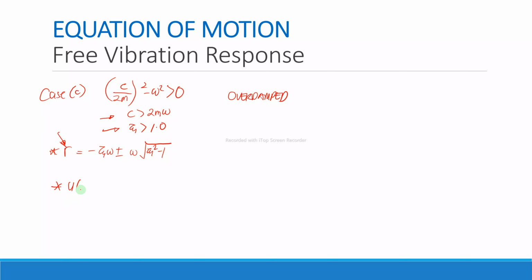If we substitute that into our general solution, we have g1 e to the r1 t, where r1 denotes root 1, plus g2 e to the r2 t. As you can see, there is no imaginary part here, therefore we cannot apply Euler's equation here. And eventually, we will arrive at the general solution for the overdamped case.